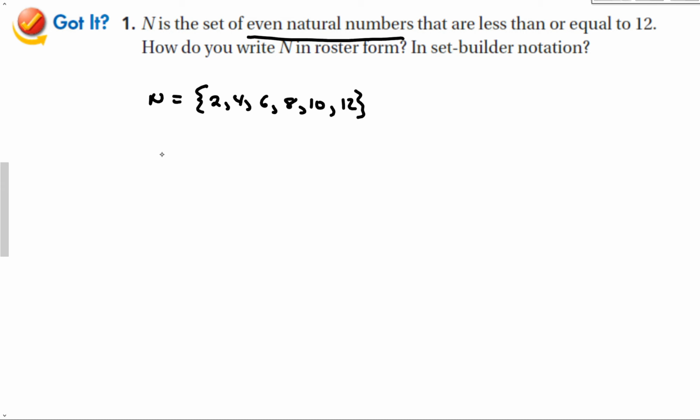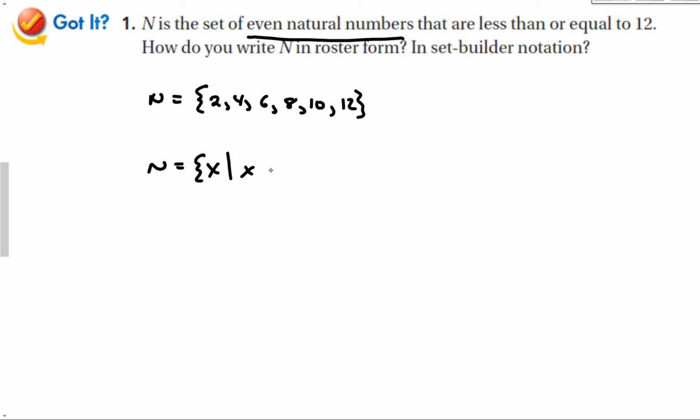For set builder notation, let me put it down here so I don't run out of room again. We're going to write my variable x. Going to put a line straight up and down. That means such that. Now we're going to describe the constraints on the variable.